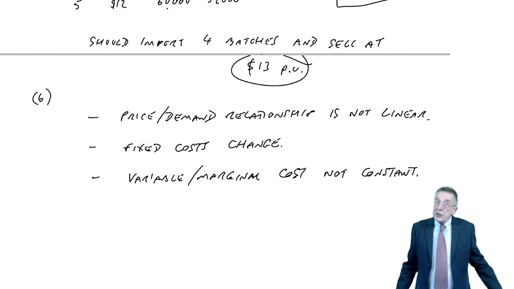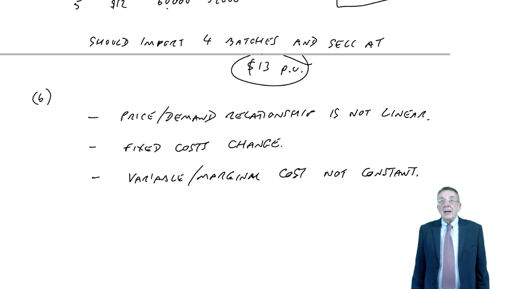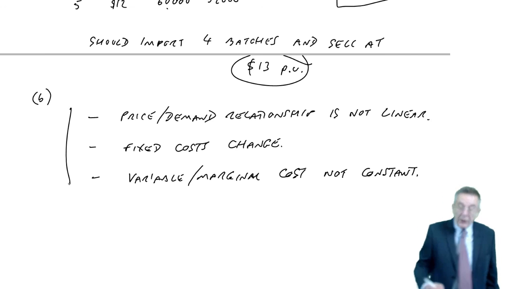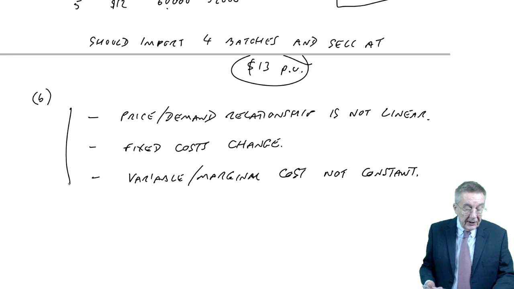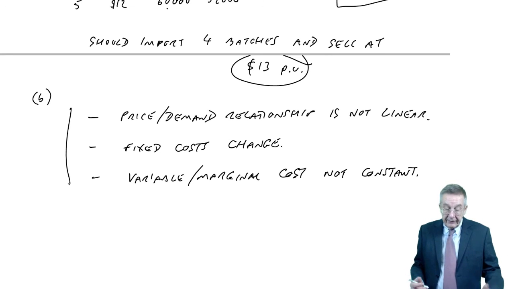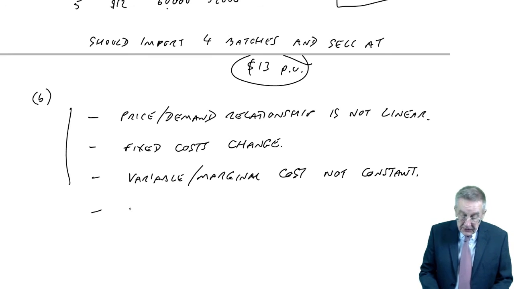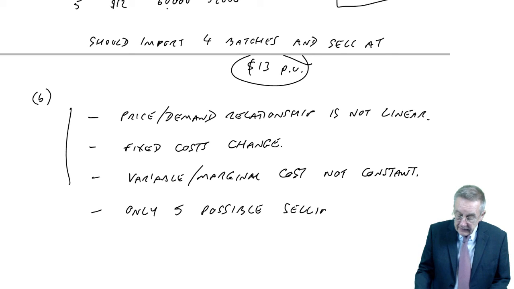I say again, algebraic method, even if those 3 were all valid, algebraic could end up with a selling price that's not one of the 5. So I'll write that down as well. Only 5 possible selling prices and quantities.